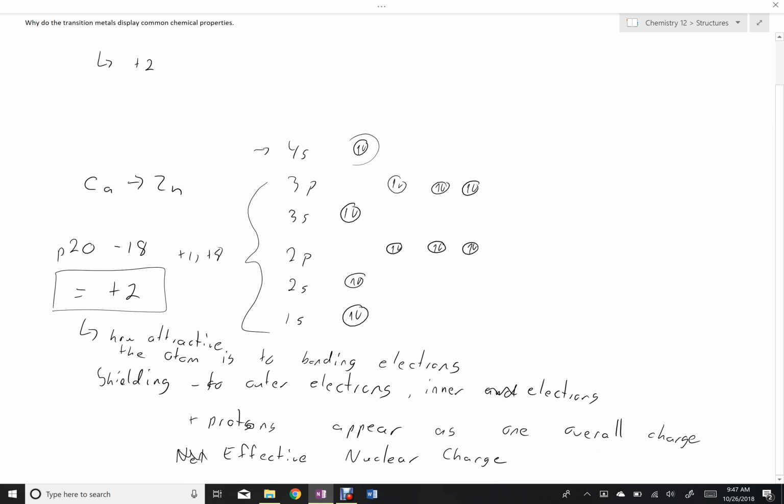Let's look at what happens when we go from calcium, and we're going to go now to scandium, the next guy over. So our atomic number is going from 20 to 21. What that means then is now for scandium, I'm going to have 21 protons, and I have another electron to work with. But that next electron is going to go up into these 3d shells.